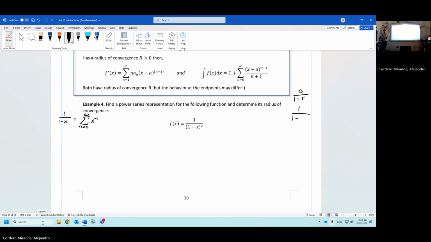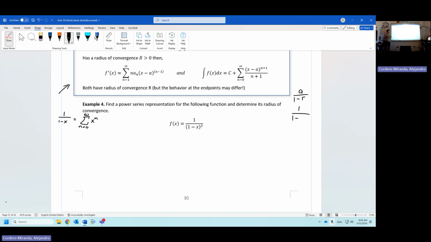Cool. Then, a big hint is that we just had this big box right here telling us you can take the derivative or the integral of these and get a different function using that idea. Like take the derivative of the series and that will give you the derivative of the function as well.